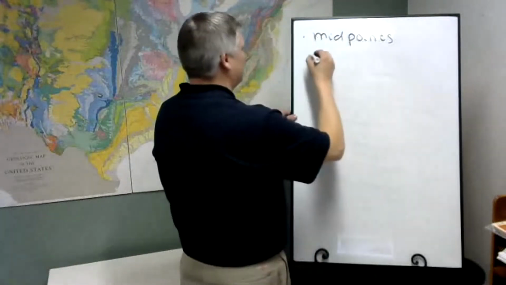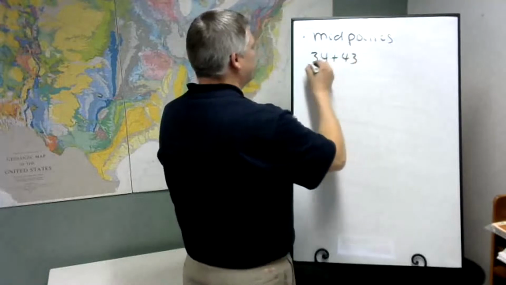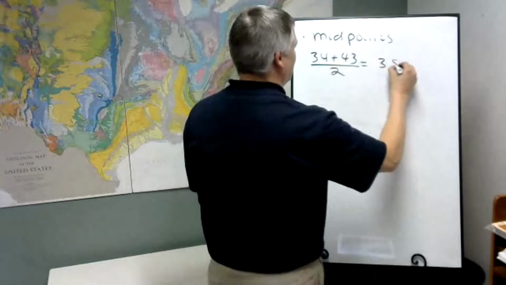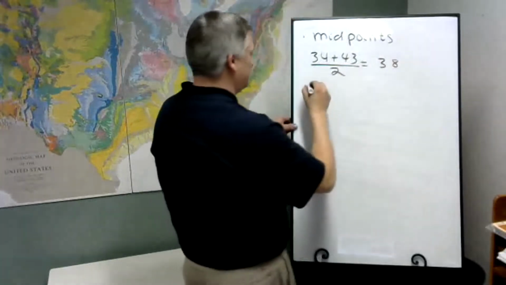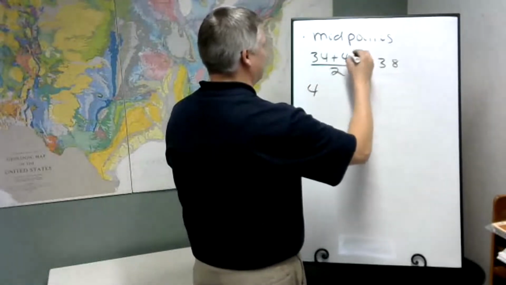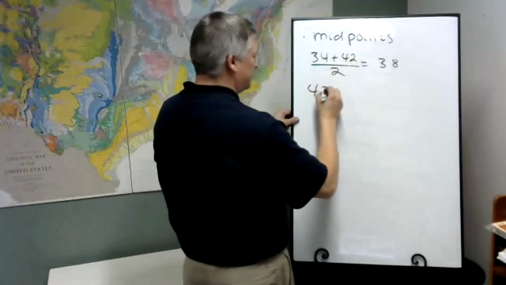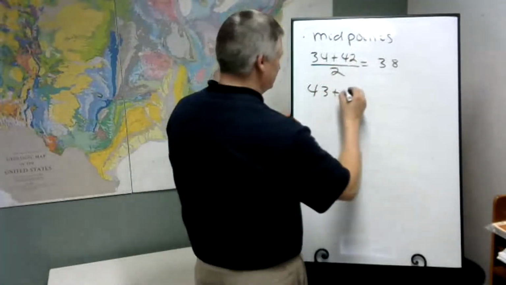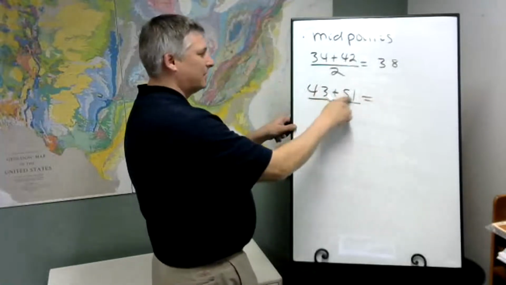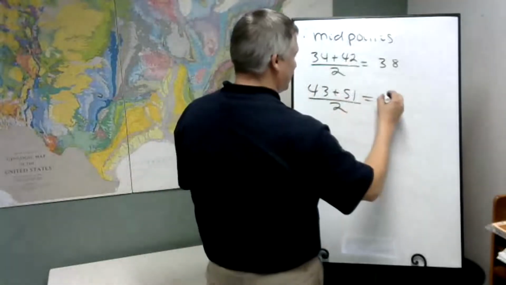For the first class, the lower limit plus the upper limit, divided by 2, we got 38. And then the upper limit is 42. So that's 42, not 43. Next one's going to have a 43. So again, lower class limit plus upper class limit for the second class, and we get 47.